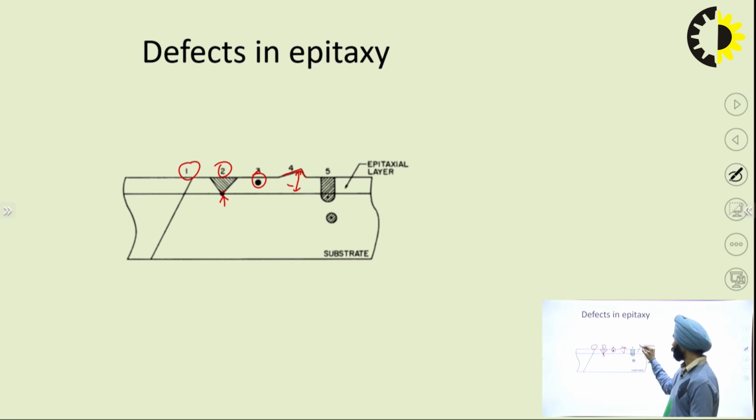So if some contamination has gone from the epitaxial layer, crossing the epitaxial layer, and gone into the vapor, then that will create a stacking layer.